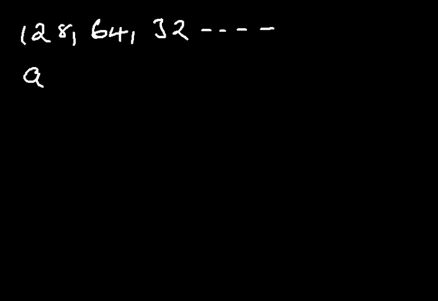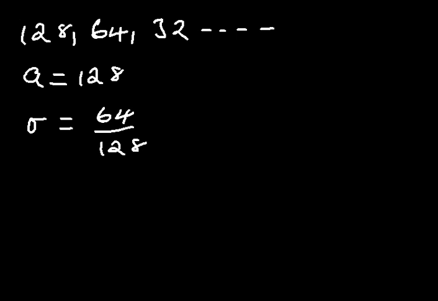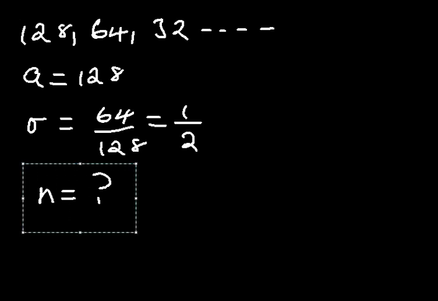In this case, the first term is given as 128, and the common ratio is given as 64 divided by 128, which is the same as 1 over 2. And we don't know the number of terms. Anyway, we are not interested in the number of terms in that case, but all we want is the nth term formula.